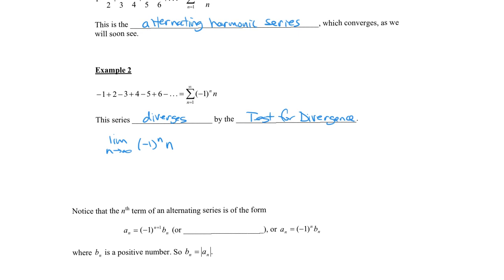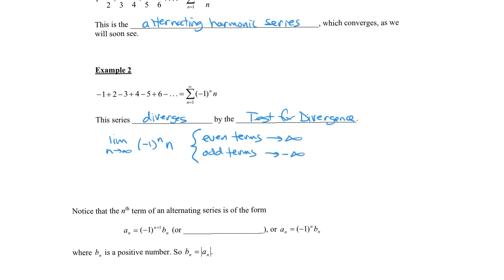So when n is even, it's just going to be 1 times n, and this is going to get bigger and bigger. When you have an odd term, this will be a -1, and this will be getting bigger negative.